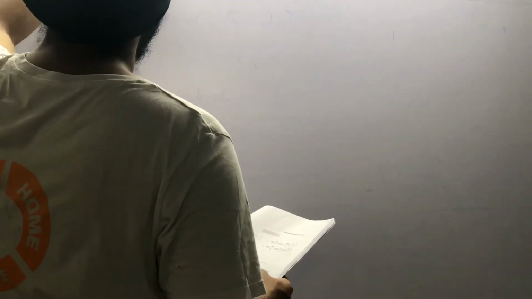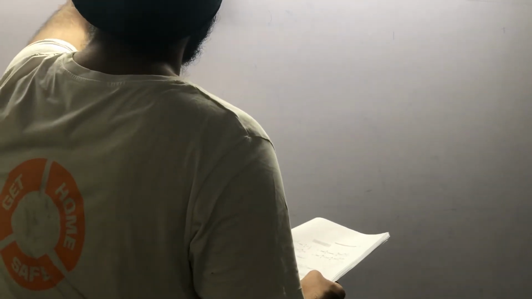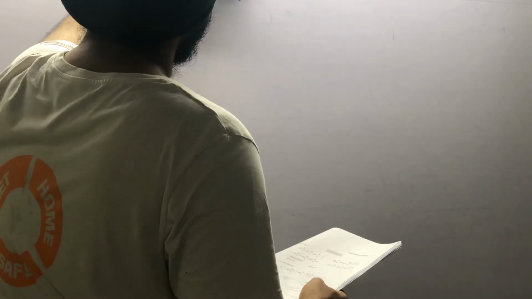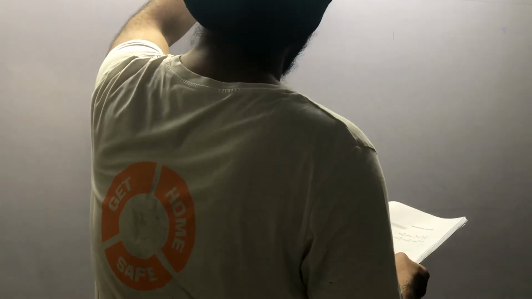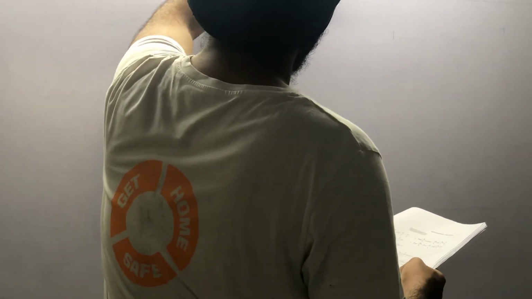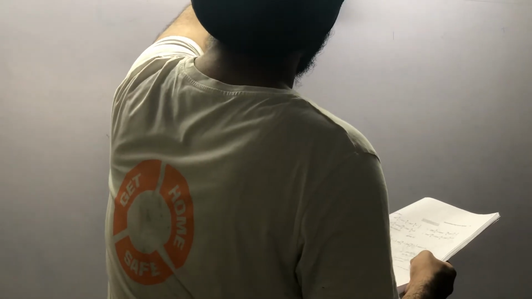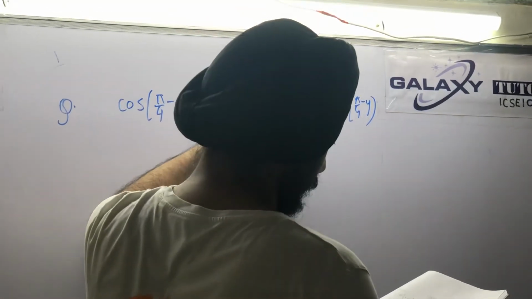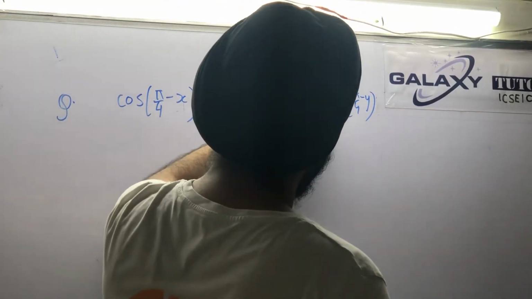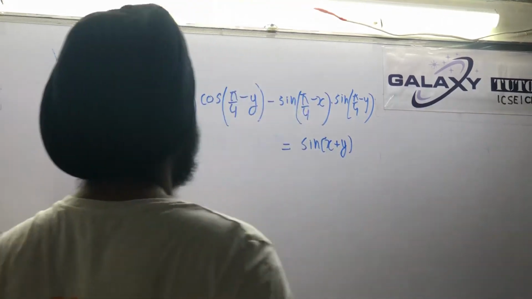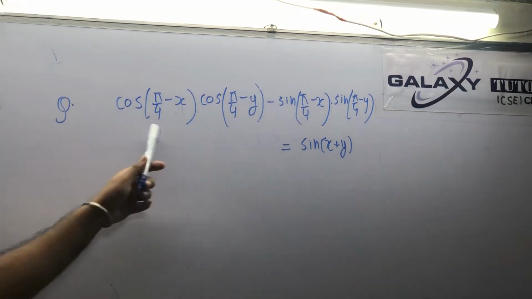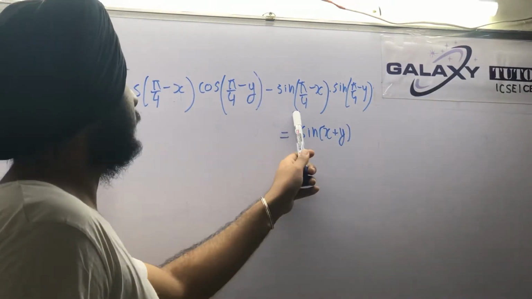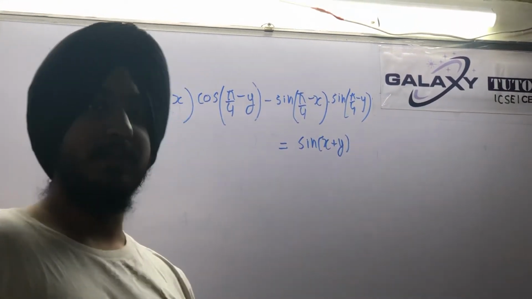Cos pi by 4 minus x into cos pi by 4 minus y minus sin pi by 4 minus x sin pi by 4 minus y.